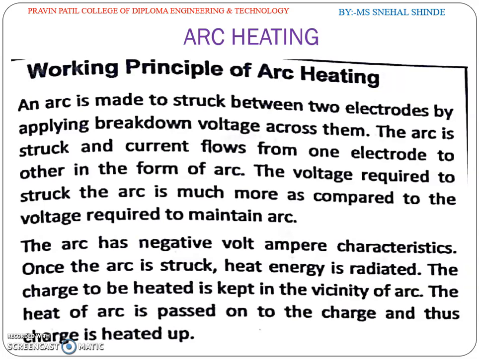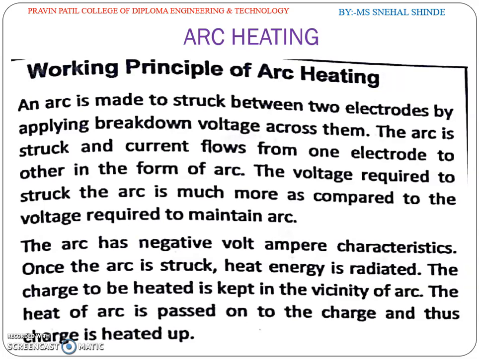The arc is struck and the current flows from one electrode to the other in the form of the arc. The voltage required to strike the arc is much more as compared to the voltage required to maintain the arc. The arc has negative volt-ampere characteristics.